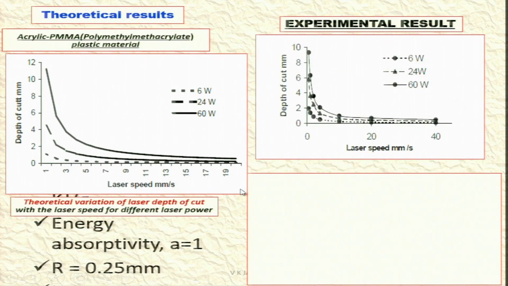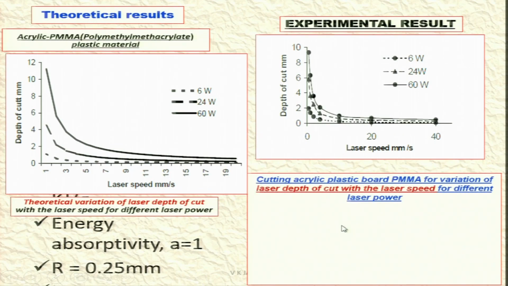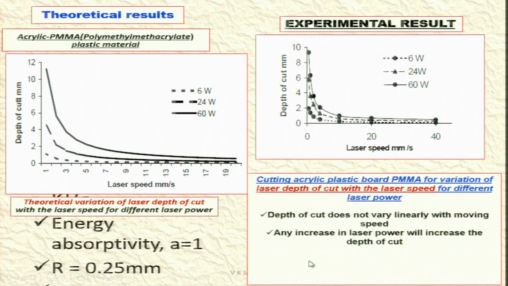And experimental results again, depth of cut versus laser speed, and you can see here again a similar kind of behavior is obtained experimentally also. Cutting acrylic plastic board PMMA, variation of depth of cut with laser speed for different laser powers. These are the different laser powers. Depth of cut does not vary linearly with moving speed. As you can see, it starts decreasing and then it becomes asymptotic.